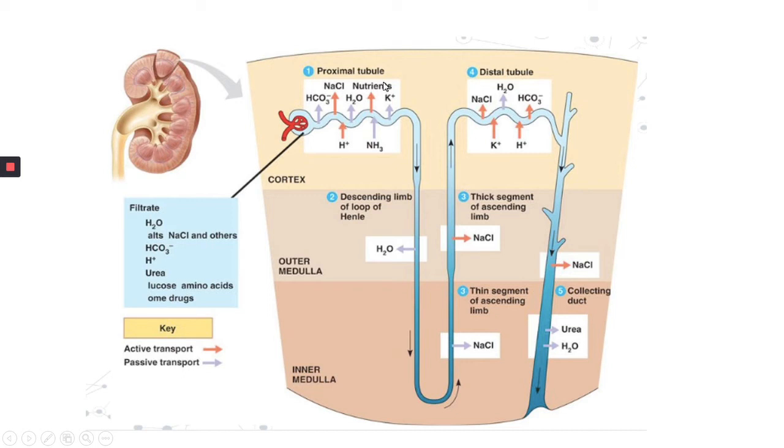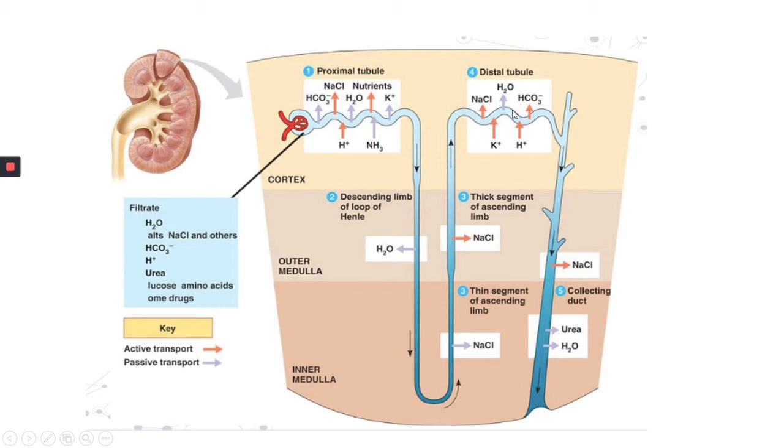If these are not reabsorbed, they go outside through urine. Next, the reabsorption in the descending limb of Henle's loop is also called mandatory or obligatory reabsorption, whereas conditional reabsorption takes place in the collecting duct and DCT.